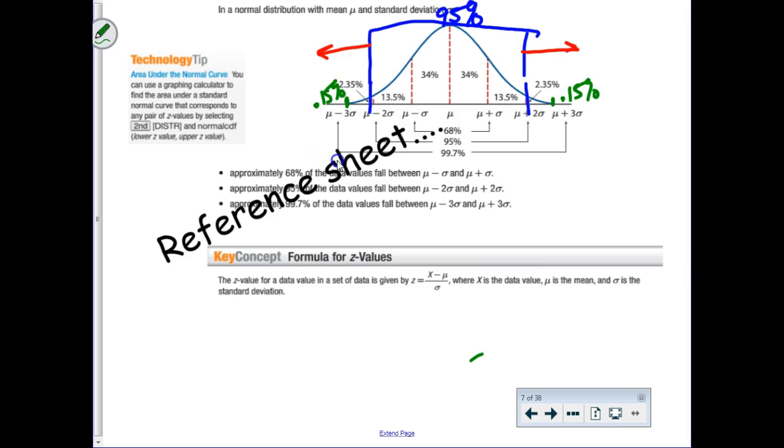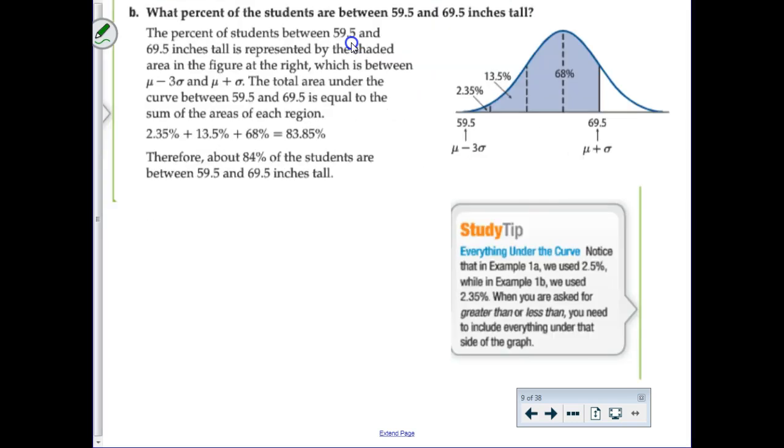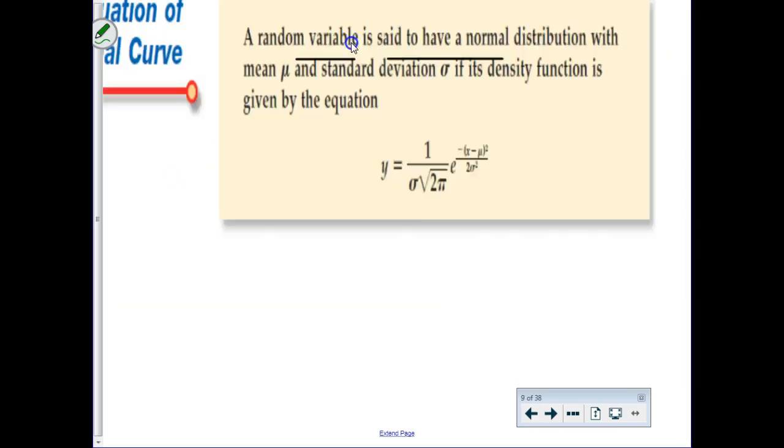So what they did is they took the 2.5% and they broke it up into the 2.35 followed by the 0.15. So that third deviation tail is teeny, teeny, teeny, tiny. And I don't think it's really written well on your formula sheet that way. So you have to kind of remember that 2 deviations is, that little chunk there is 2.35, between 2 and 3.